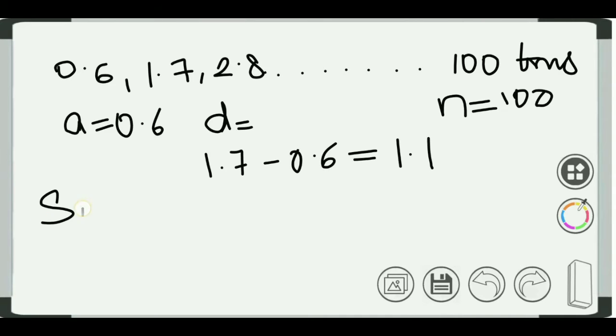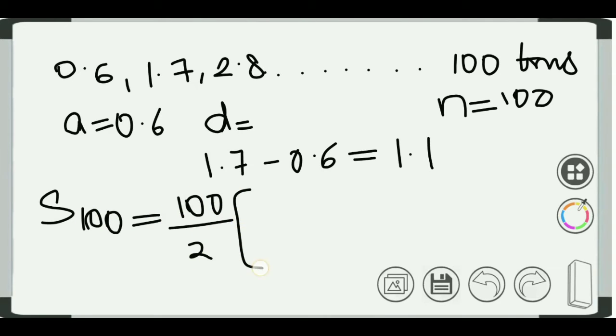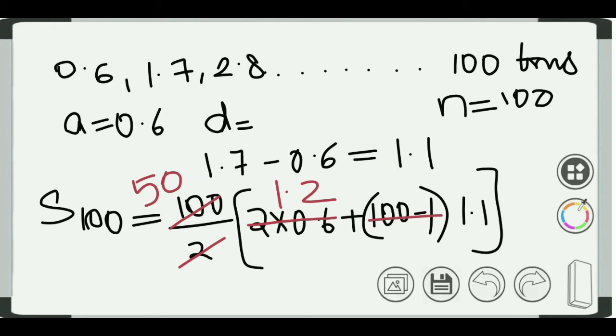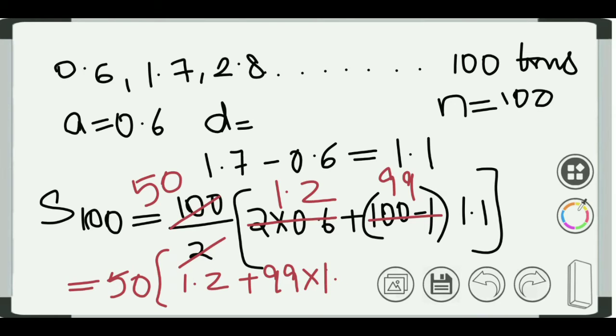So S100 is equal to 100 by 2 into 2a, that is 2 into 0.6, plus n minus 1, that is 100 minus 1, into d. D is 1.1. So 100 by 2 is 50. 2 into 0.6 is 1.2. 100 minus 1 is 99. So 50 into 1.2 plus 99 into 1.1.